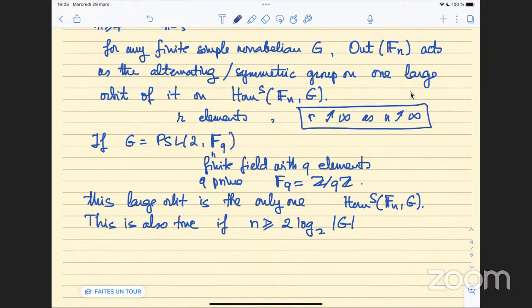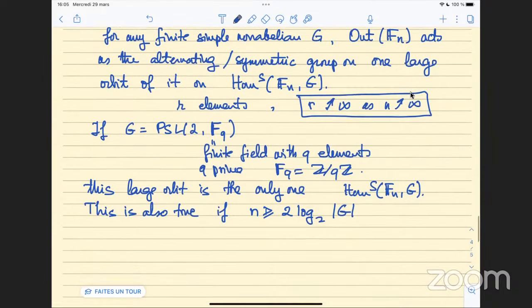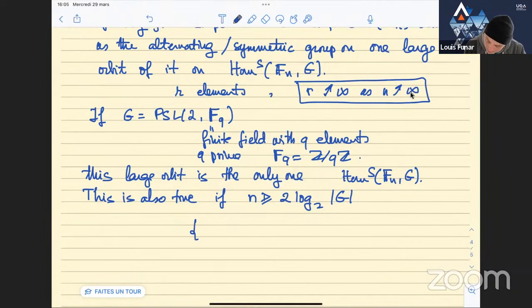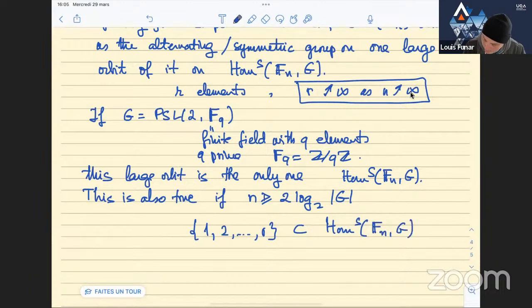Excuse me. Luis, what do you mean by acts like a symmetric or alternating group? Acts through an action of the symmetric group, or what does it mean? No, so you have a set of R elements, let's say 1, 2, 3. This is a subset of Epi(Fn, G), right? And the action, so Out Fn induces an action here.